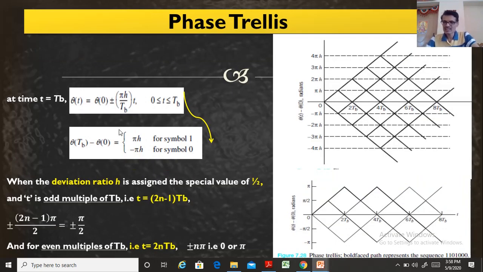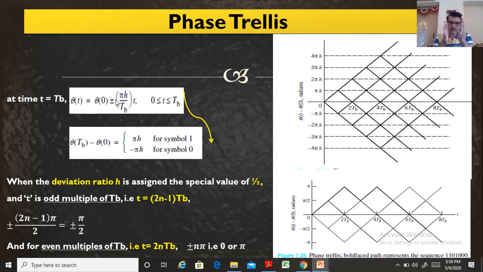Now, let us consider time t equal to Tb. This is the beginning of the bit interval, and this is at Tb seconds, the end of the bit interval. What will be the phase at the end? This is theta of 0, and as the time changes, we are continuously increasing the phase.